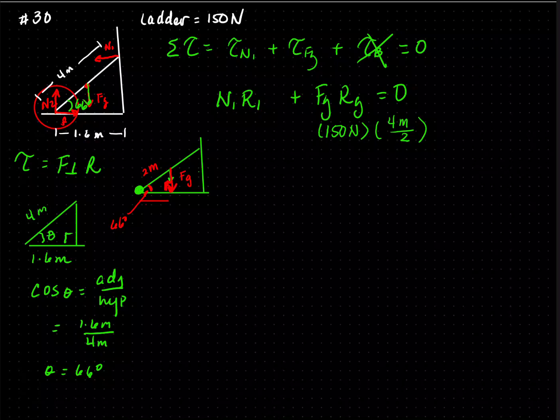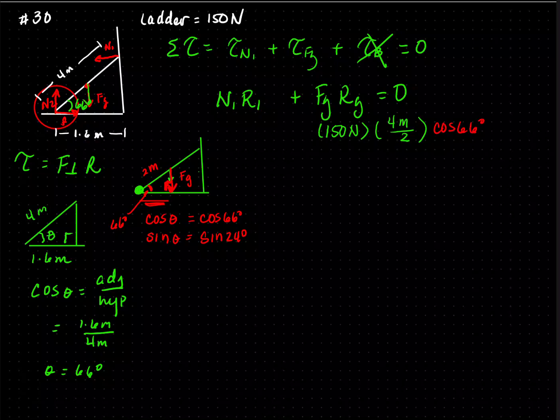So this side right here becomes cosine theta because it is next to 66. So this is cosine 66 degrees. Or you could use the other angle, which will be sine 24 degrees. So now it becomes 150 times 2 cosine 66 degrees.